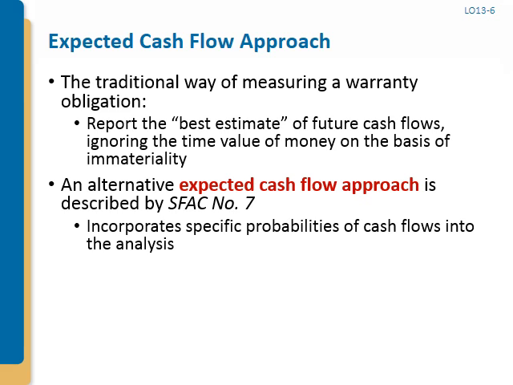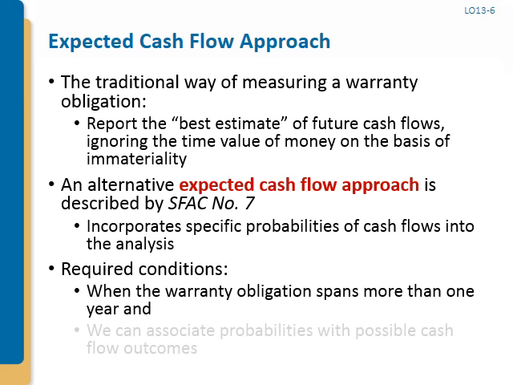It offers a more plausible estimate of the warranty obligation. This expected cash flow approach incorporates specific probabilities of cash flows into the analysis. It takes away any uncertainty concerning the amounts and timing of the cash flows.